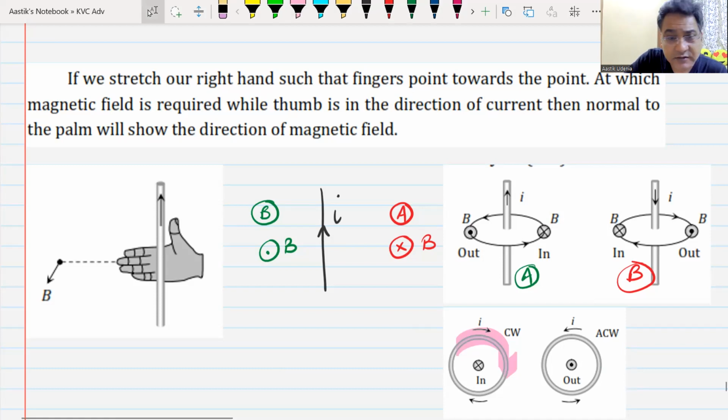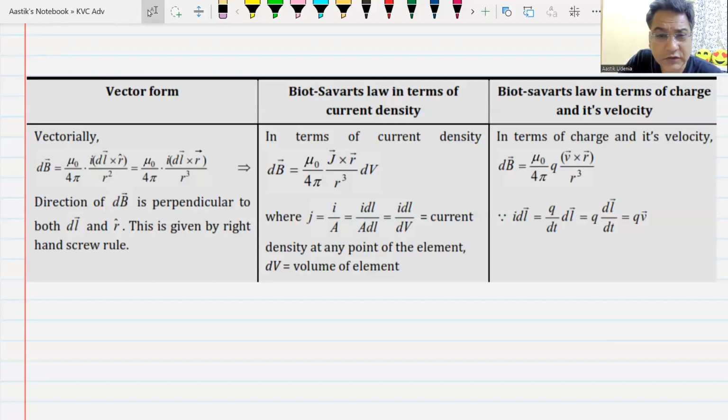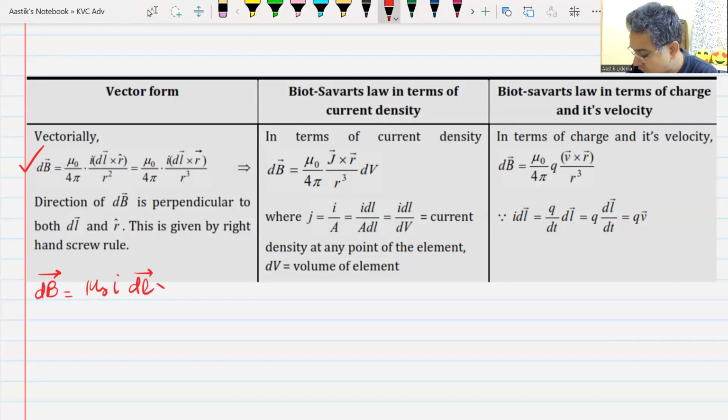I'll give you 2 minutes to write anything if you want to. And you can note these three different forms of the Biot Savart law, how you can write magnetic field. This form we have already discussed. Instead of writing magnetic field like this, I could have written it like this. dB is mu naught I dl cross unit vector r divided by 4 pi into r square.